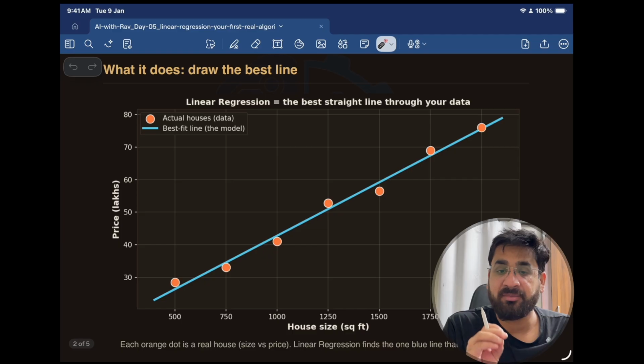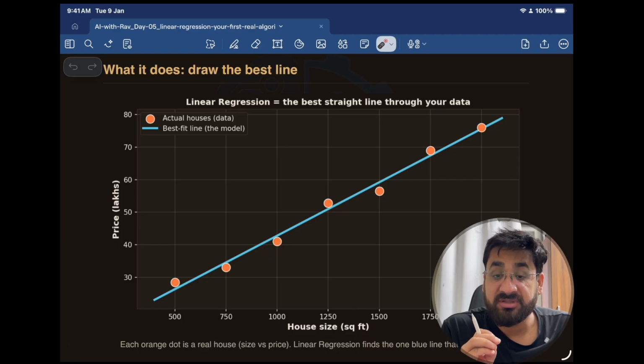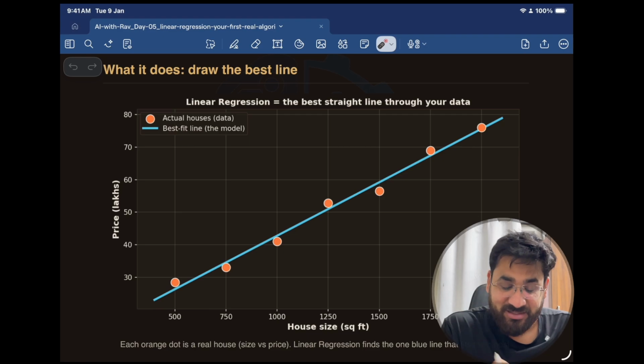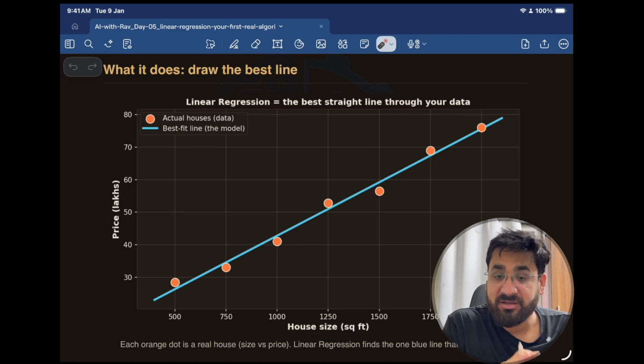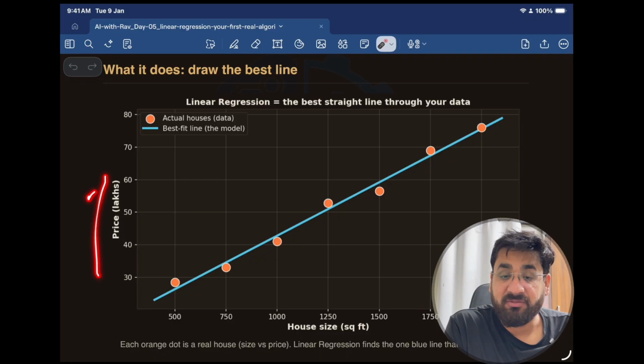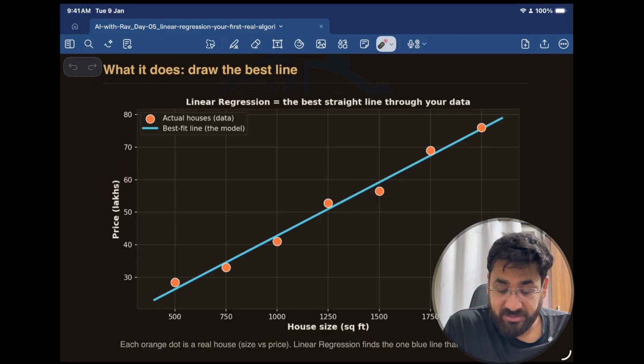This is the diagram you might have seen even in your class 6. Just the parameters are different. There you find 1, 2, 4, 5, and here the real price. I have taken a simple example where on the y-axis we have price, and on the x-axis we have house size in square feet. So if it is 30 lakh, then 500, and similarly this.